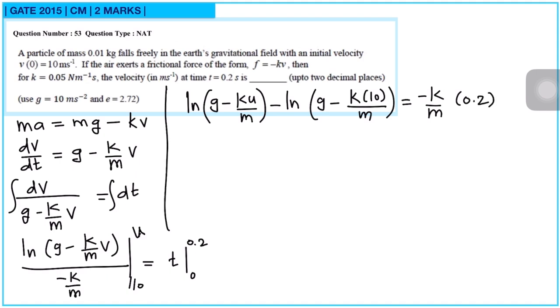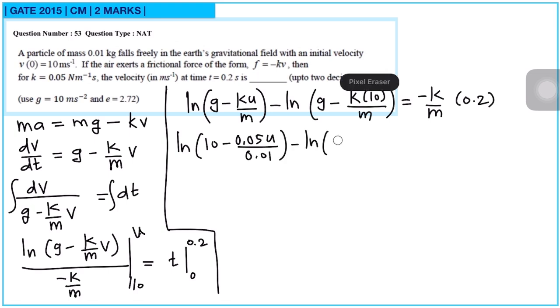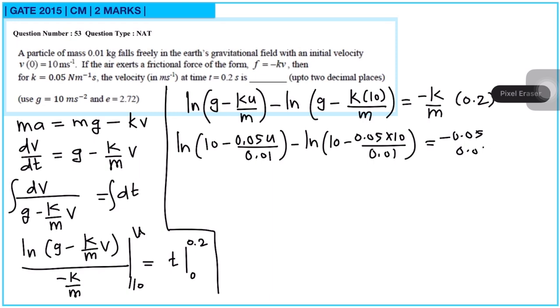So let us substitute all the values. ln of 10 minus 0.05 u upon mass 0.01, minus ln of g, which is 10, minus 0.05 into 10 upon 0.01, is equal to minus 0.05 upon 0.01 into 0.2.